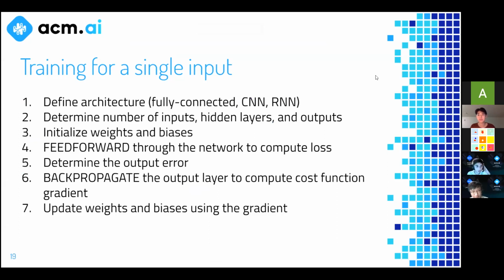Okay, awesome. So this is where I recommend you get a note sheet out if you don't already have one. There are going to be some things that you want to write down. In particular, I think this slide is pretty helpful to write down as we go through it. These are the 7 pillars of how you would train a single input, and by single input, I mean a single training example.